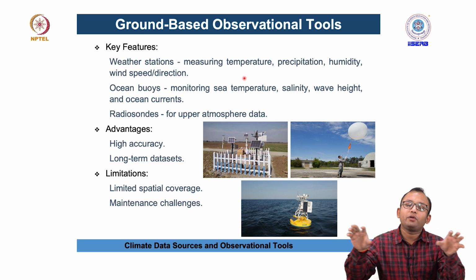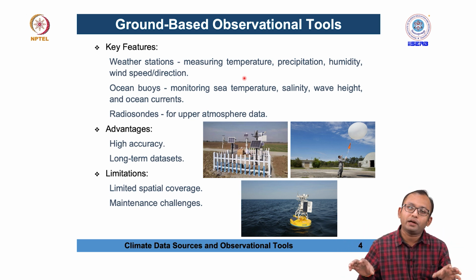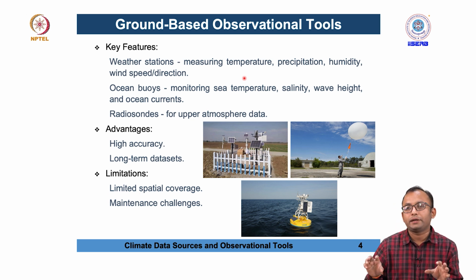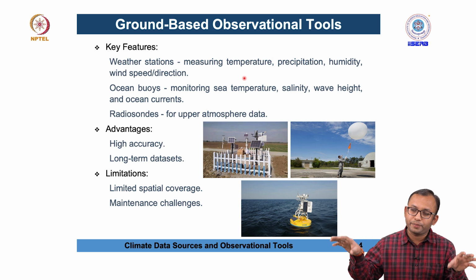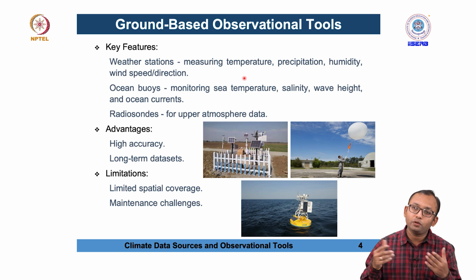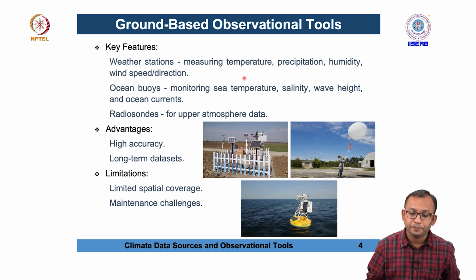A network of weather stations across different parts of a region can tell us about the spatial temperature fluctuation, precipitation, and the spatio-temporal pattern of humidity and wind speed also. That can give us better insight into what exactly the weather pattern is, and how it is connected with changing climate patterns.